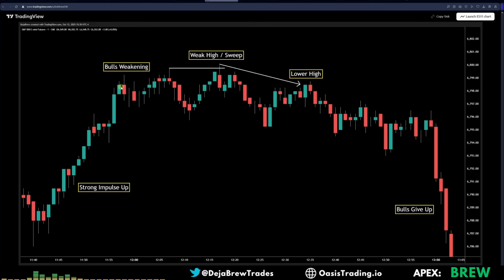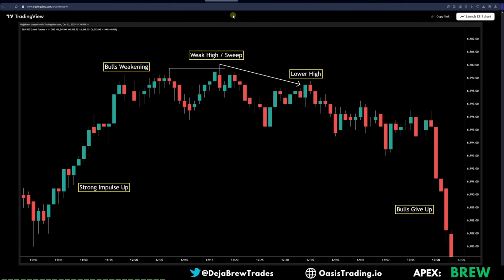Breaking these candle highs, very strong momentum. Look at what happens here. You break those candle highs, pull back immediately. That is a weak high. If you're breaking out, then the breakout trader is failing, pulling back immediately. That is weak.